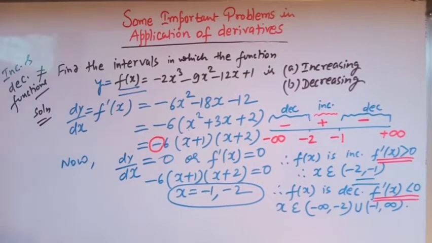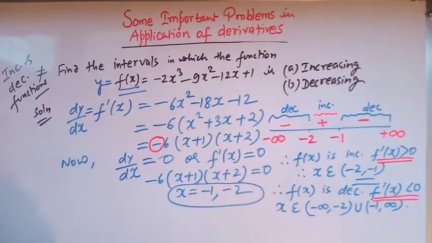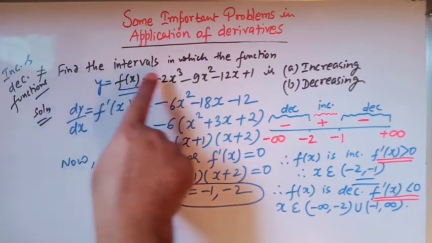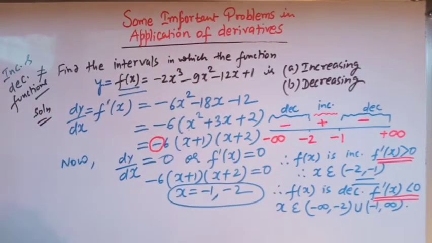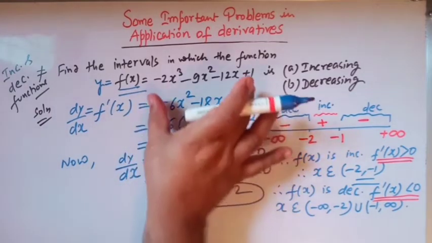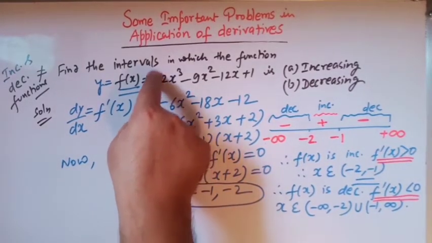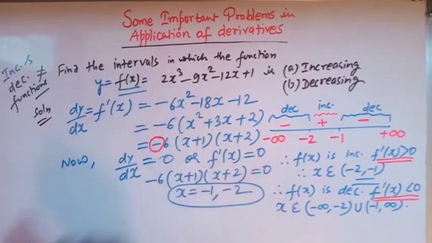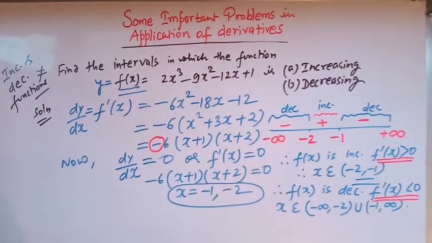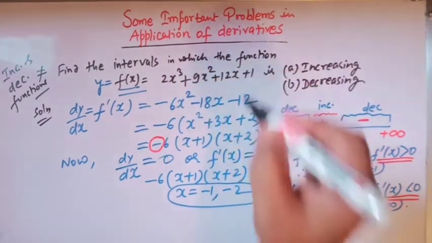Now viewers, I am taking this question but with a slight change. Suppose we have to find the intervals in which the function y equal to f(x). Instead of taking this function, let me make some changes here. So we are removing these negative signs, and let us take this as positive and again this as positive.